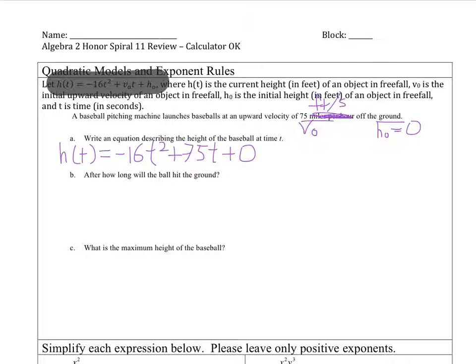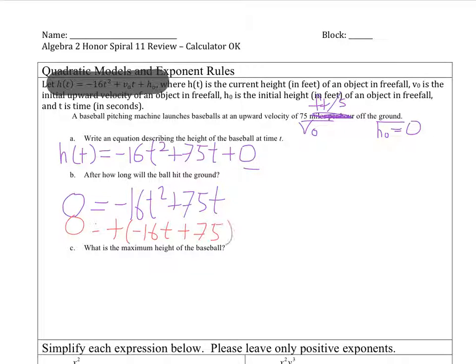After how long will the ball hit the ground? Well, we know the ball starts on the ground, that's 0, so it hits the ground when it comes back to 0. So 0 equals negative 16t squared plus 75t. I can do some factoring, and I get t multiplied by negative 16t plus 75.